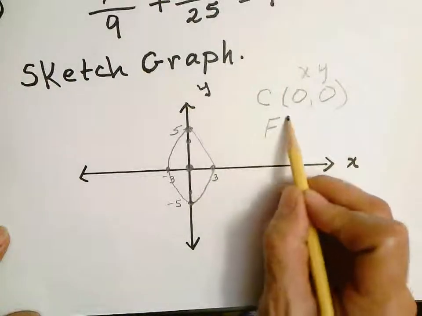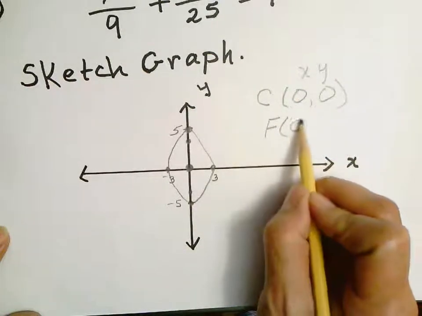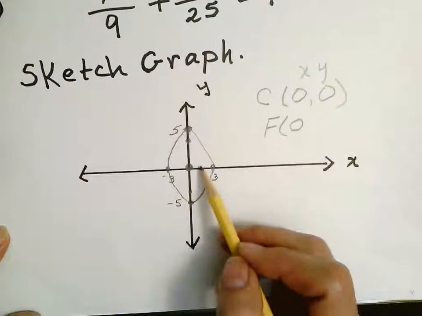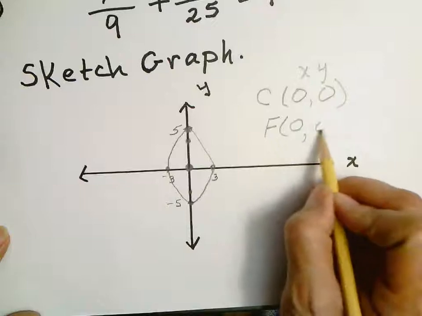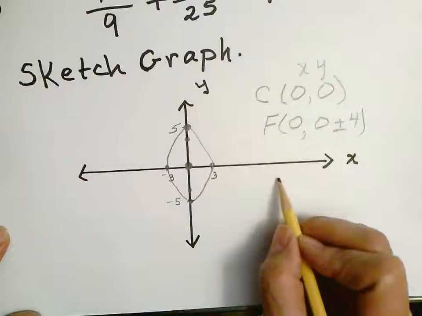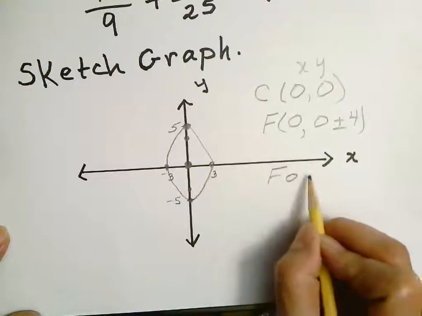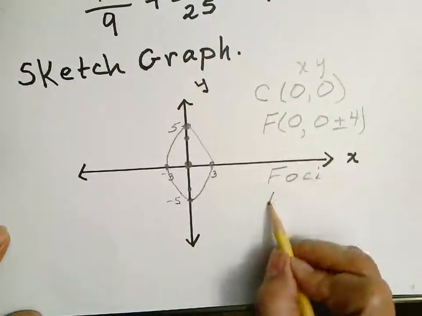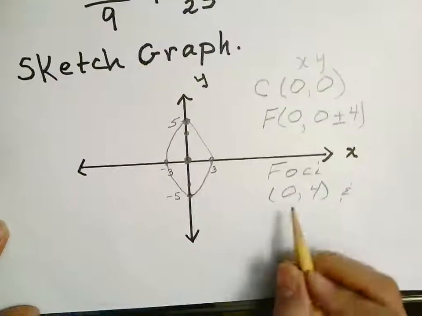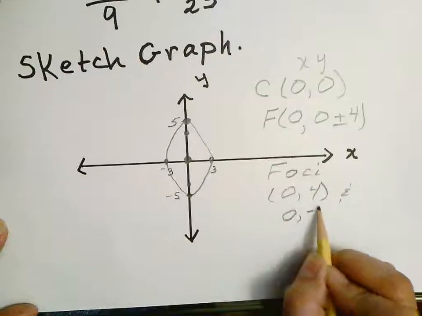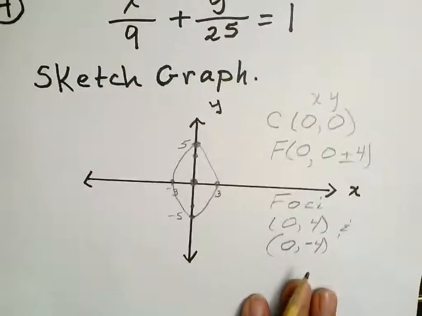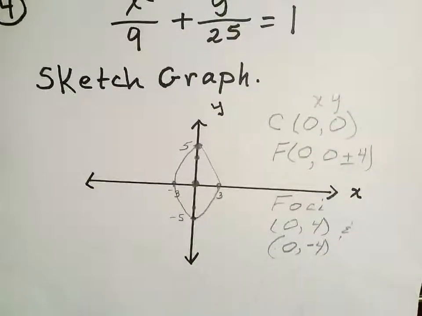So the x coordinate stays the same, and we're only adding something to the y because our major axis is vertical. So it's going to be 0 plus or minus 4. The foci points, and I just use foci to mean both of them, will be 0, positive 4 and 0, negative 4. These are the coordinates of the foci points.